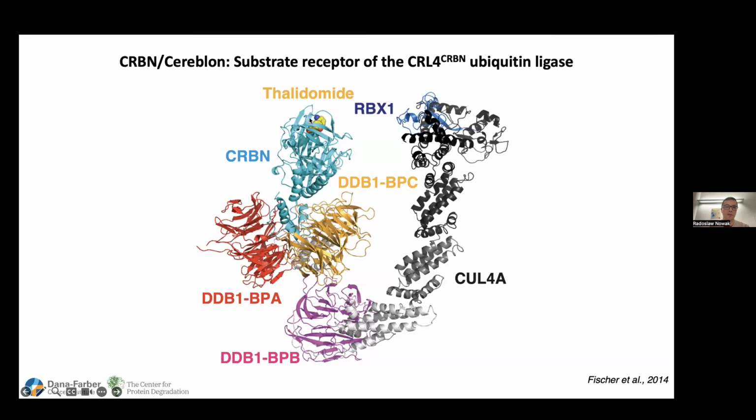And you also have a substrate receptor that happens to bind, in this case, a drug called thalidomide, and I think many of you will be familiar with that compound. Thalidomide will be recruiting transcription factors for degradation, and the substrate will be placing itself just next to thalidomide itself. The E2 would be binding close to RBX1 and then discharging ubiquitin to the substrate by just sheer proximity.